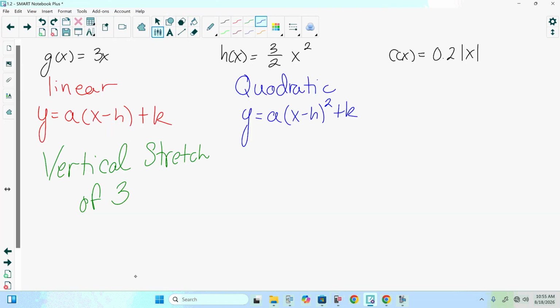So this here would be a what? Vertical stretch. Just because it's a fraction doesn't necessarily mean it's going to be a vertical shrink.